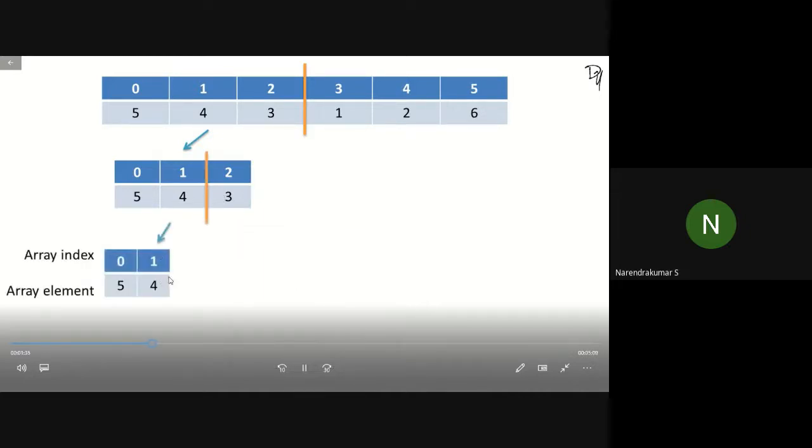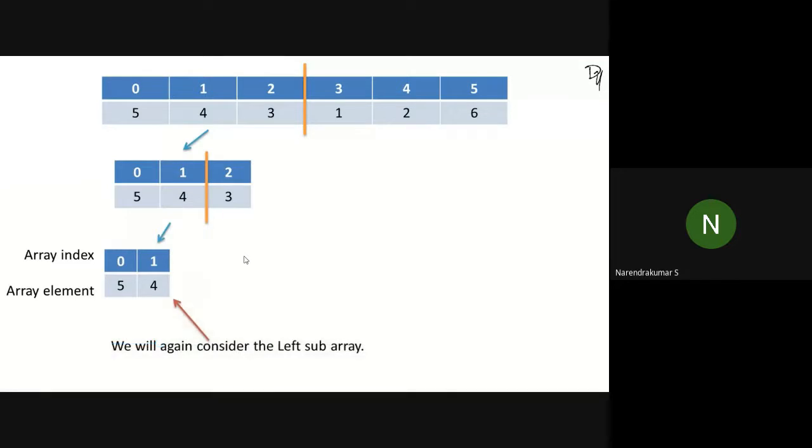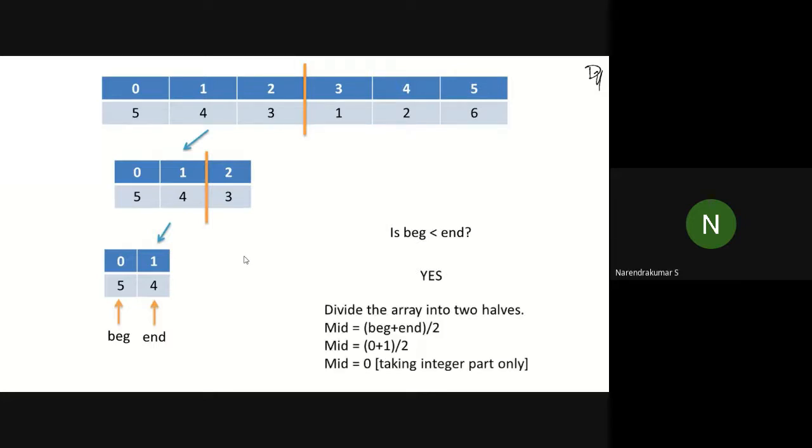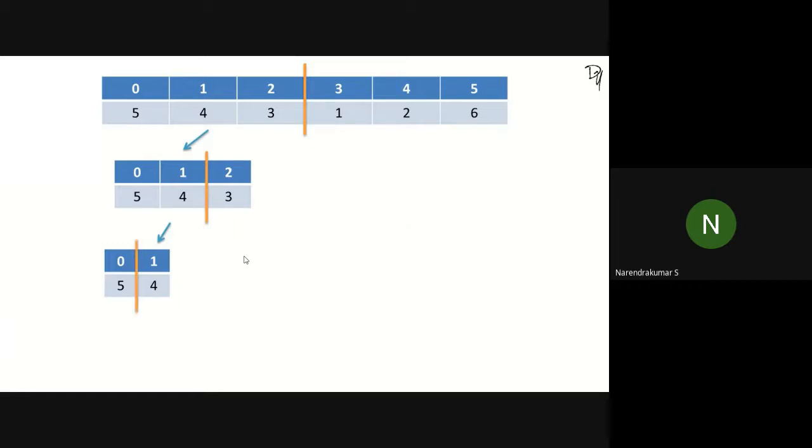Now it's still dividing the problem because of the condition. Low and high again get divided as index 0 and index 1, so two halves.